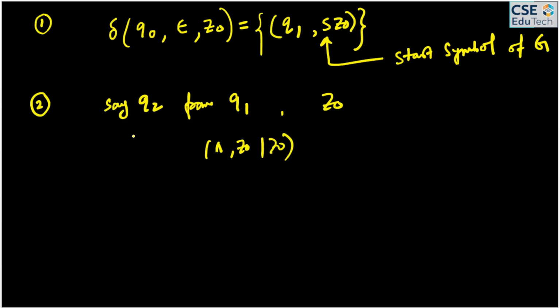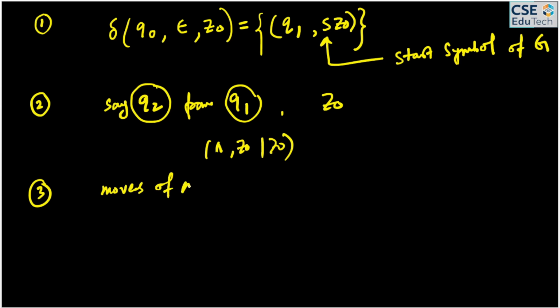So again I repeat, for step 2, the final move goes to the accepting state, that is Q2 from Q1, where the stack is empty except G0. And in all other cases, the moves of M are as follows.